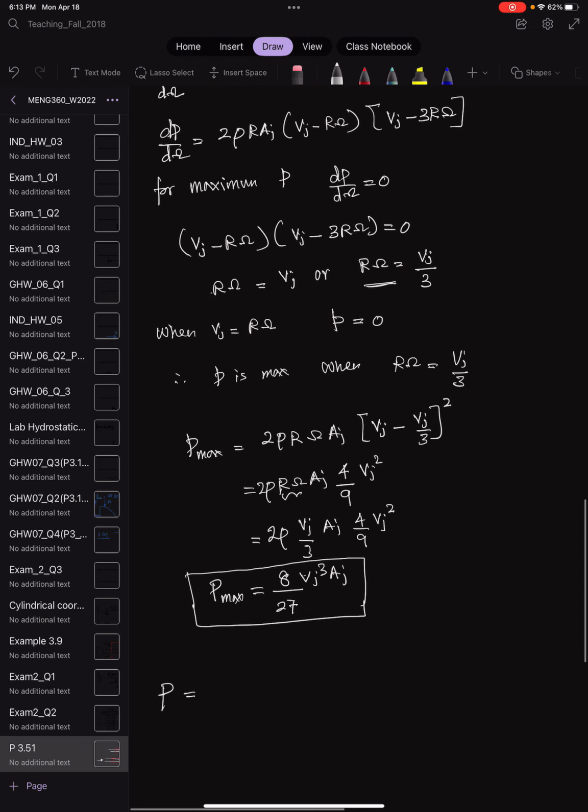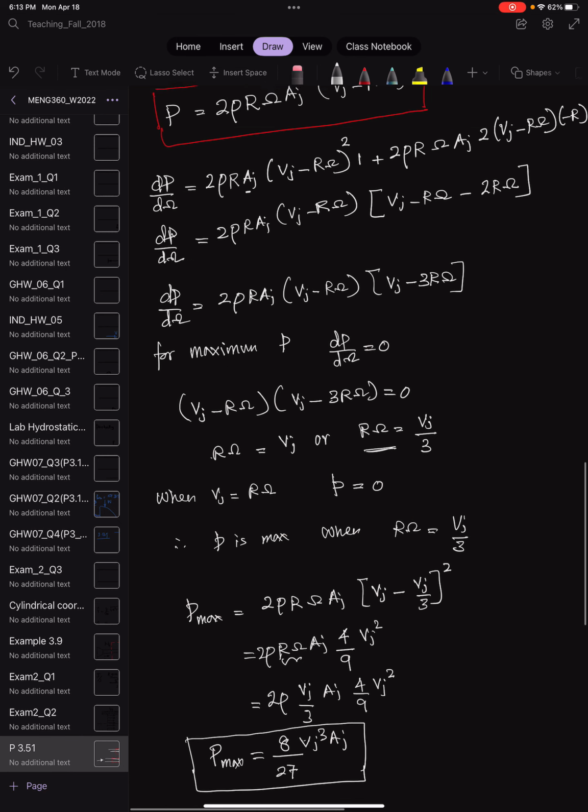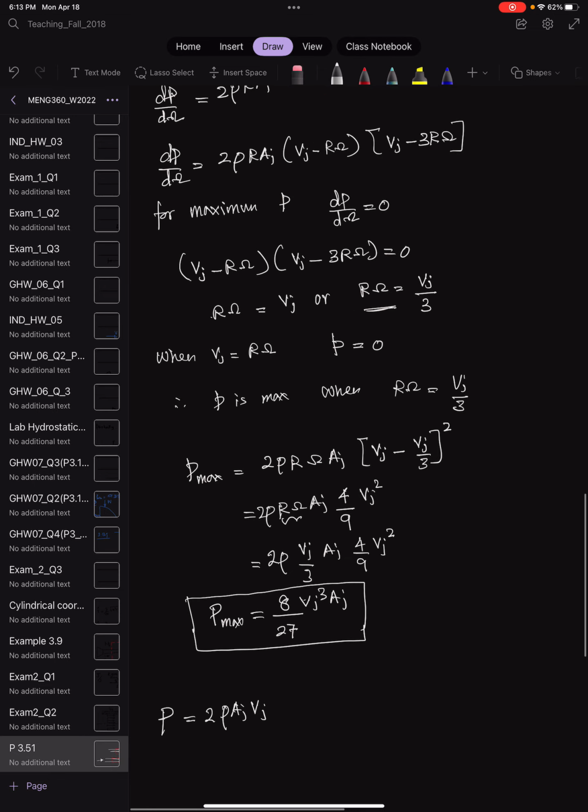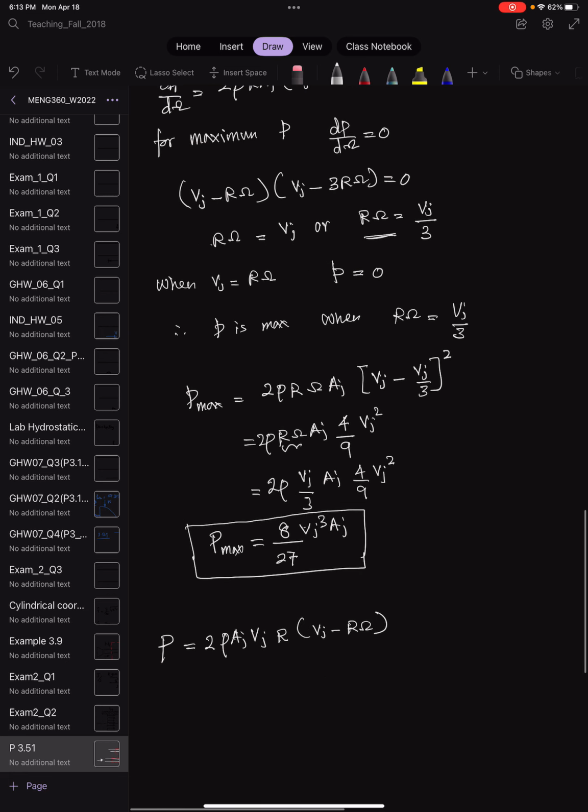So we can write 2 times rho Aj vj, and the velocity change is vj minus r omega. So that's your power requirement.